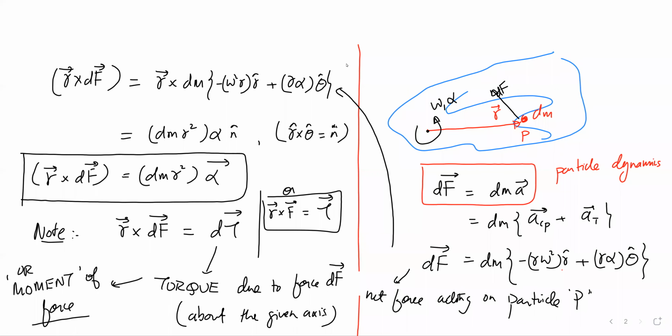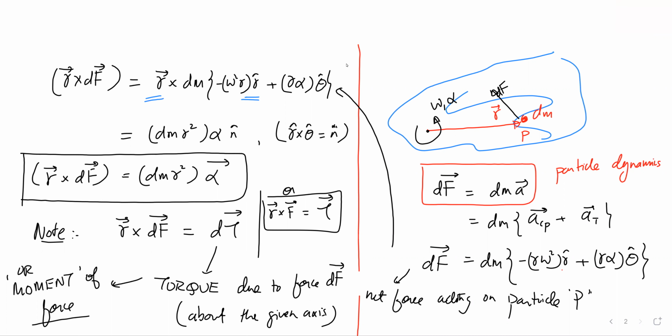See, when you take r vector cross product with minus omega square r cap, you're taking the cross product of two vectors which are anti-parallel to each other. The angle between them is 180, so their cross product will be 0. So basically, this term's cross product with this gives us 0, because they are anti-parallel to each other.